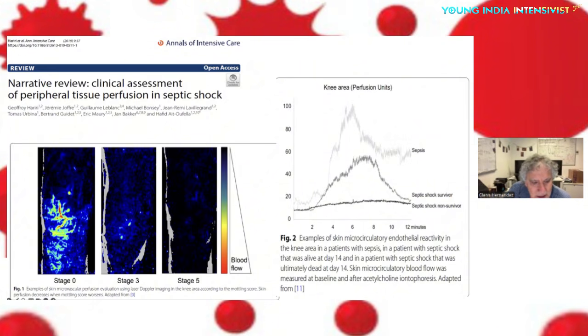In the same way, the mottling score is also related to flow. With no mottling you have a nice perfusion by laser Doppler in the knee, compared to almost negligible in patients with mottling stage 5.